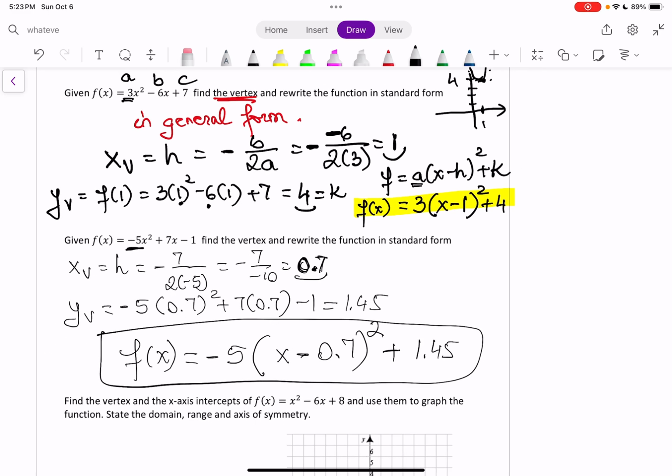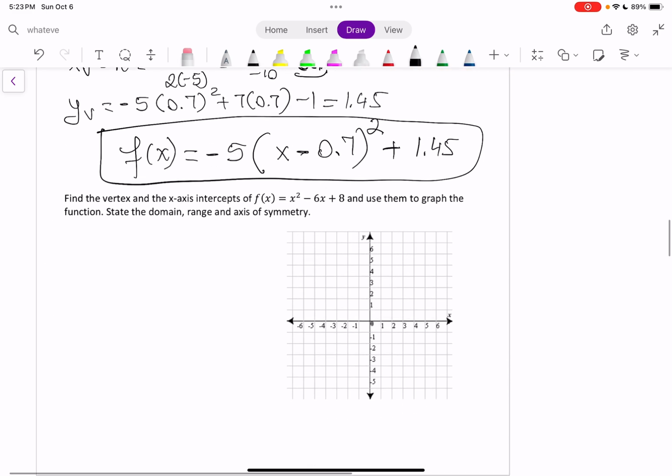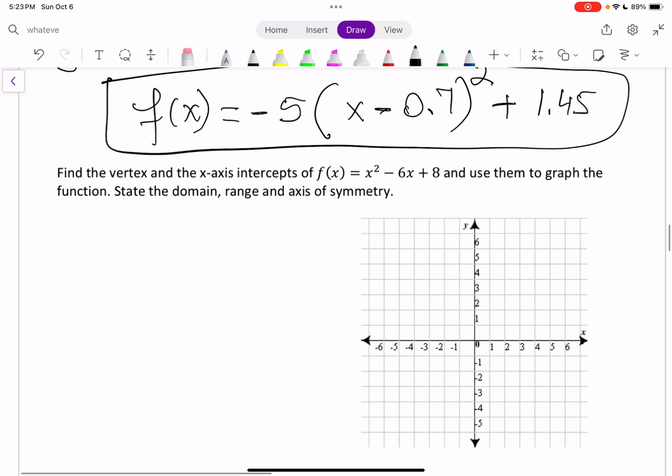Okay, let's try this one more time. I'm asking you to find the vertex, the x-axis intercepts, and maybe the y-intercept as well, and use them to graph this function. So I want the intercepts and I want the vertex.